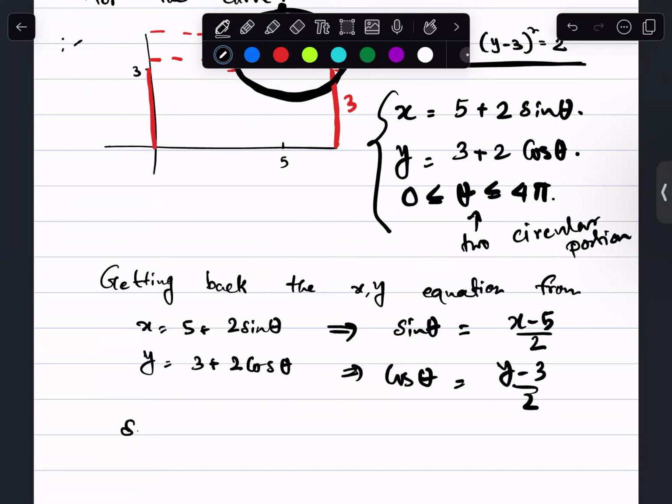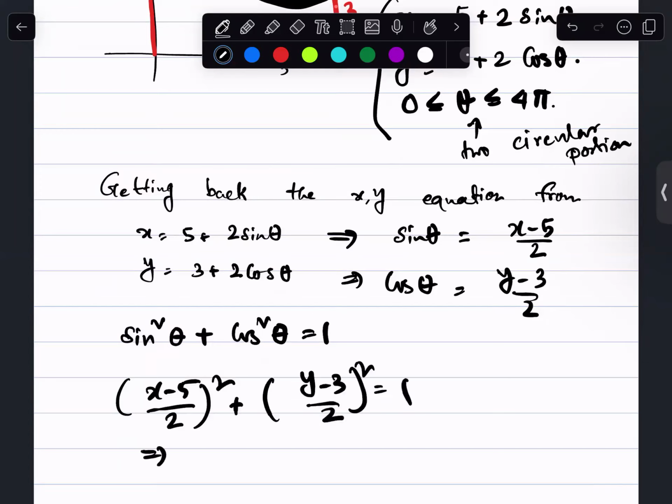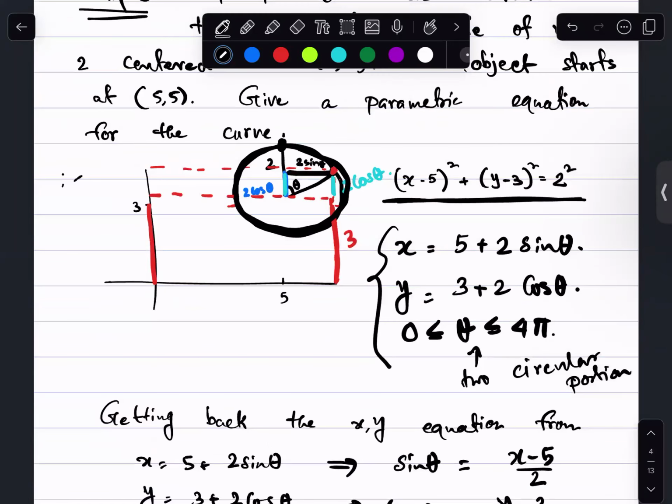Then I know the famous trigonometric identity, sine squared theta plus cosine squared theta is 1. I'll put all of this inside this equation and simplify a little bit to get my original equation, which was this. Okay, cool.